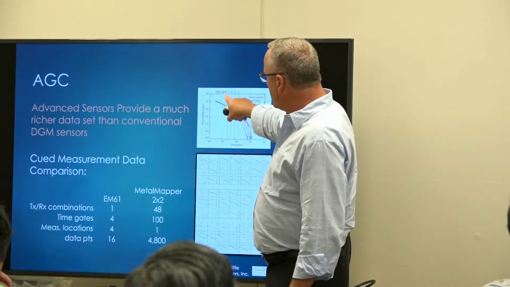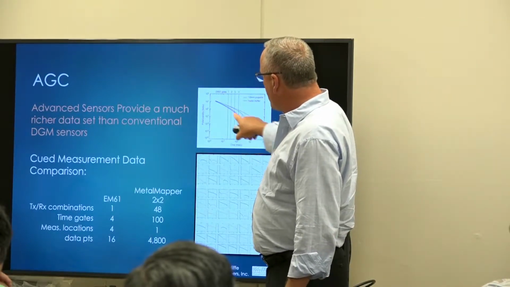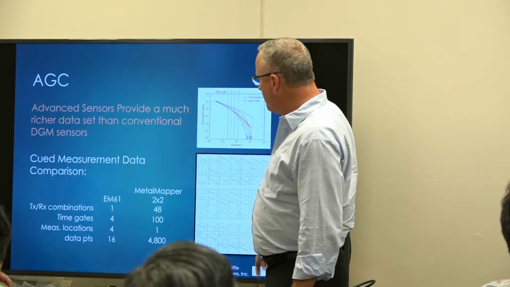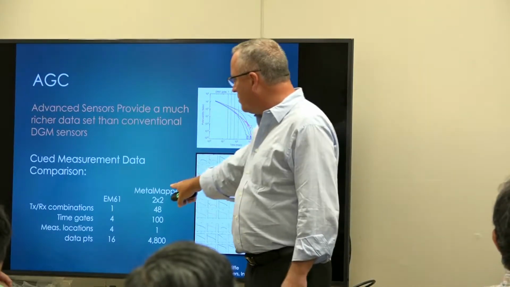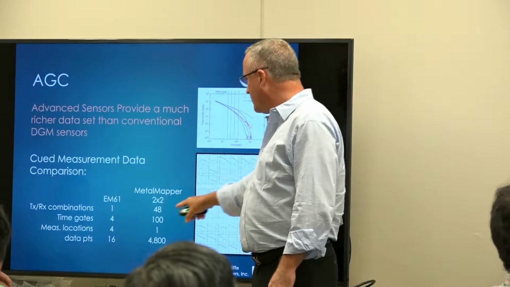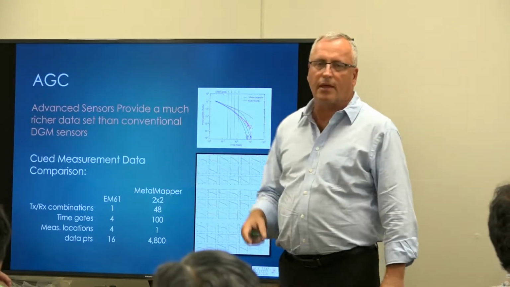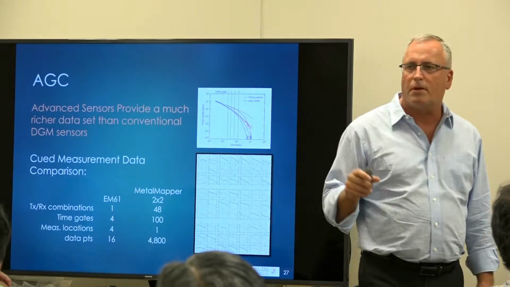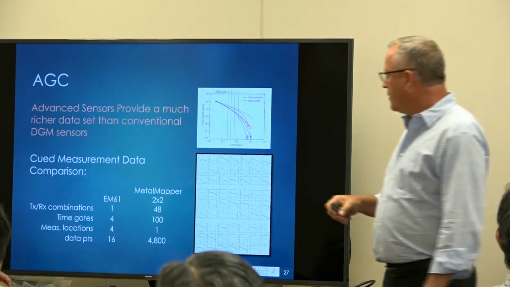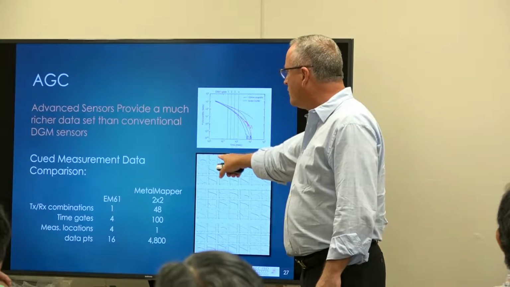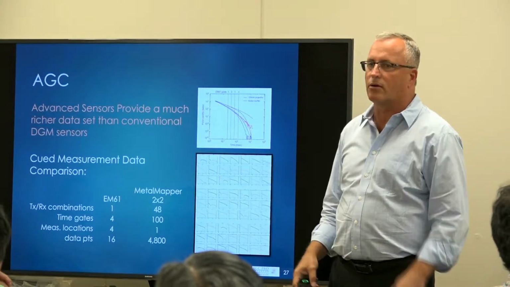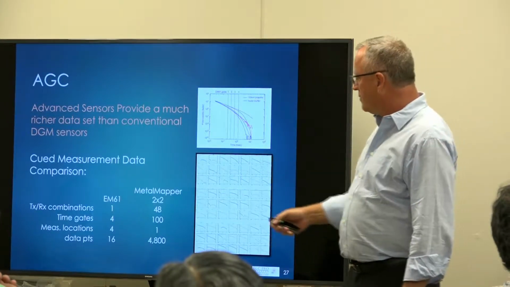So again, the EM61 time gates are here, and the MetalMapper 2x2, also 10 pads is what it's called. Each of these squares represents a transmit receive pair, and we get about 100 measurements along that decay curve, rather than 4.